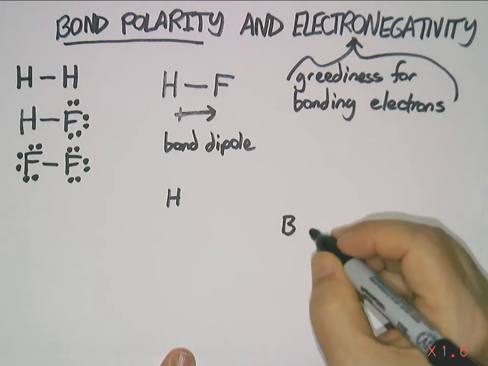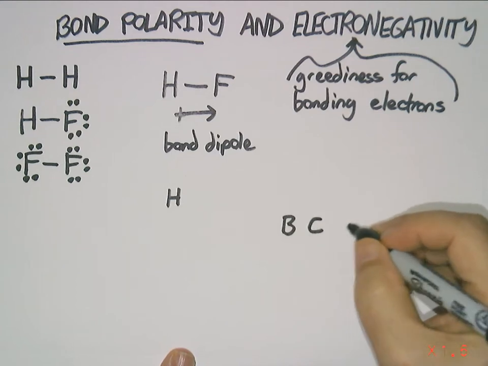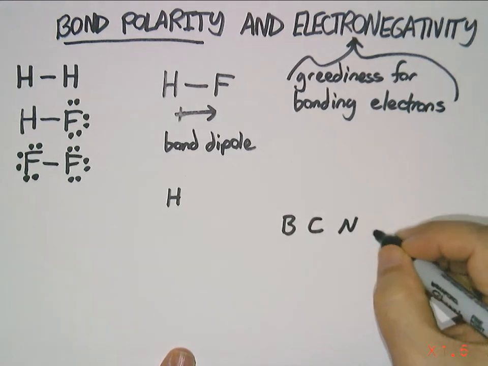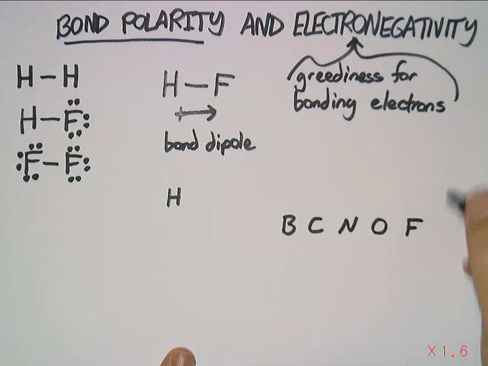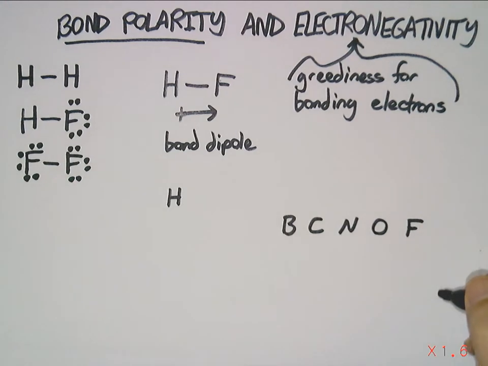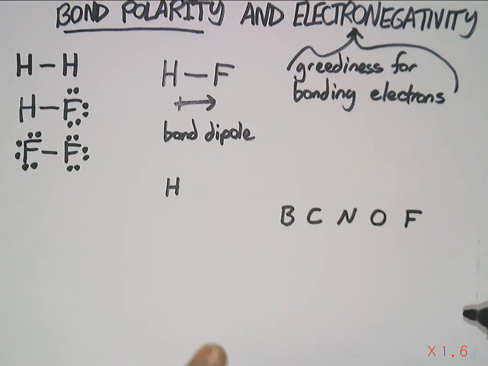I'm drawing like the top of the periodic table in here. I'm going to leave out the noble gases because they don't form compounds. They don't form bonds, covalent bonds, usually. Sometimes they do. You can make them form covalent bonds in the lab. But I'm not going to put them on my electronegativity scale because that doesn't happen naturally very much.